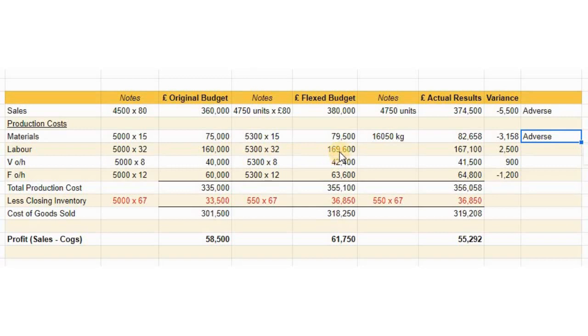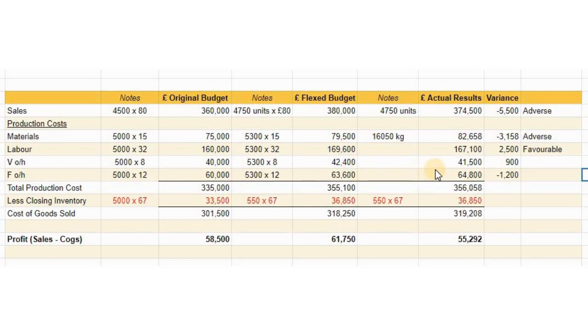Let's have a look at this one. We expected with labour to spend 169,600. We actually spent 167,100, which was less than the flexed budget, so that is favourable. And so let's look at variable overheads. In the flexed budget, we expected to spend 42,400.